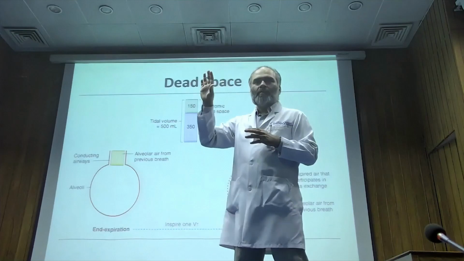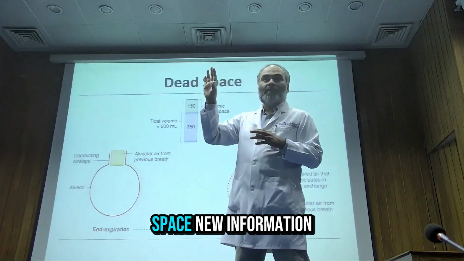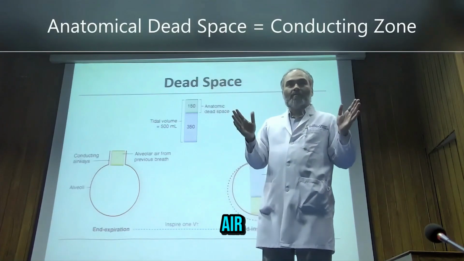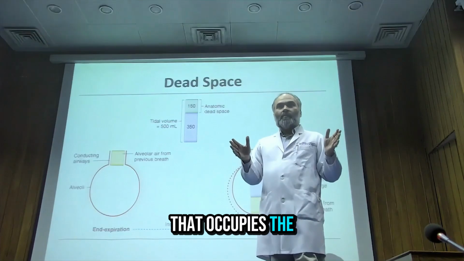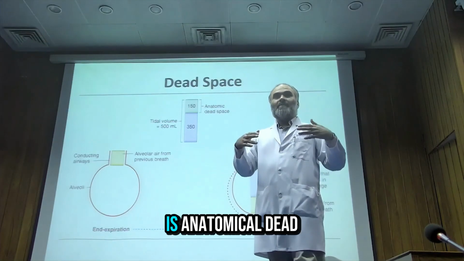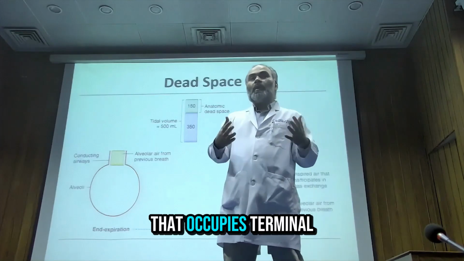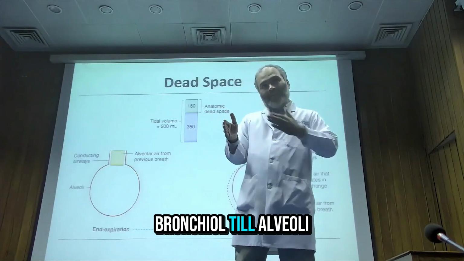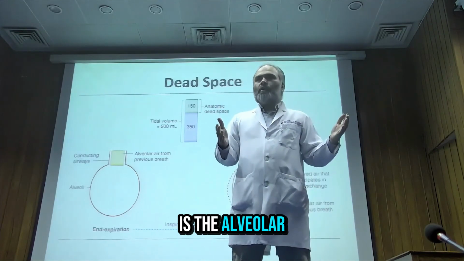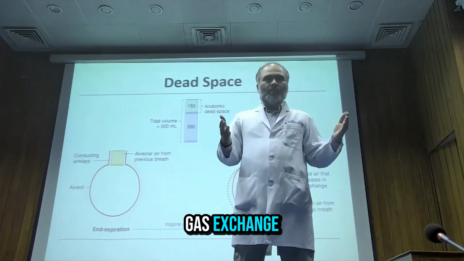That whole thing is anatomical dead space. New information. Air that occupies the conducting zone is anatomical dead space air. Air that occupies terminal bronchiole till alveoli is the alveolar air ready for gas exchange.